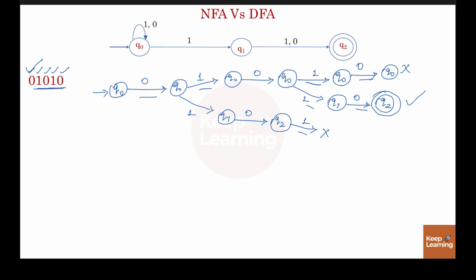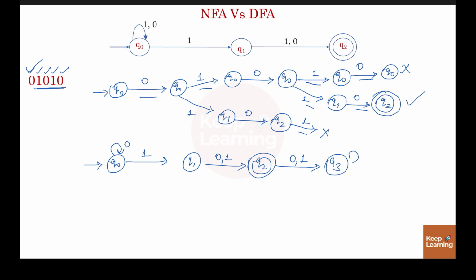Different from this, suppose this DFA is given to you. Here Q3 is your dead state, because from Q3 you can't reach the final state. And suppose you have to identify whether this string is accepted by this DFA or not.